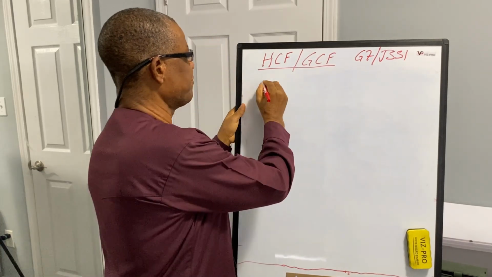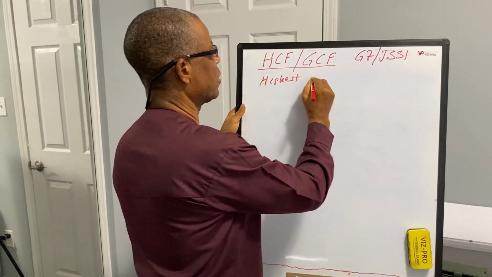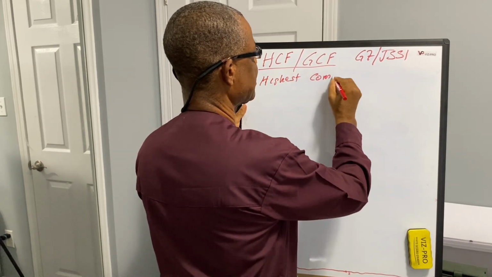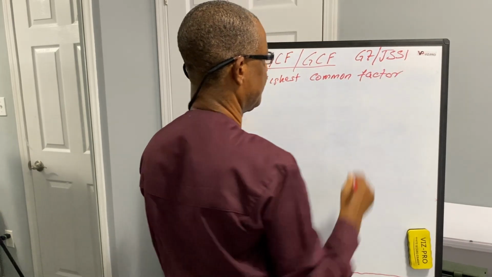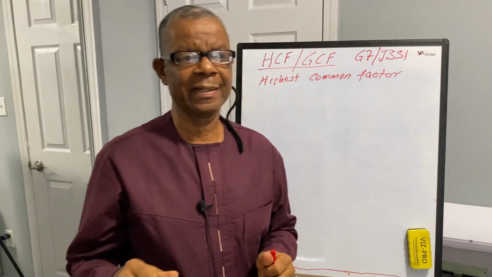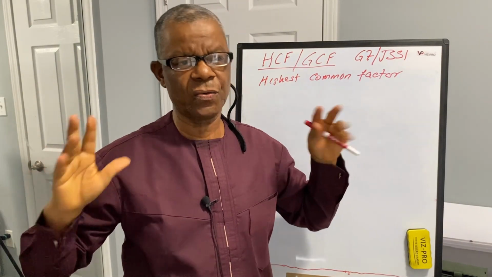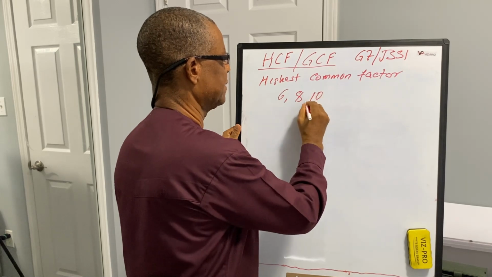what HCF means is highest common factor. That is the highest number, the biggest number, the greater number that can divide given numbers without a remainder. For example, we have 6, 8, 10.